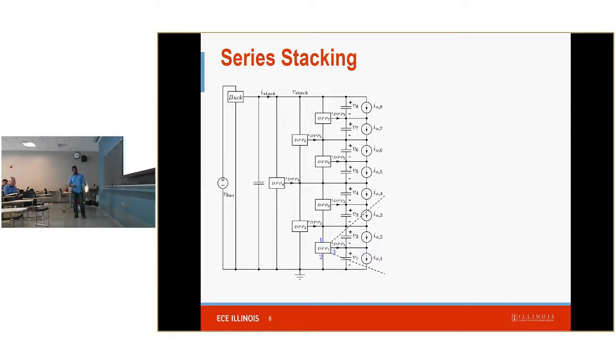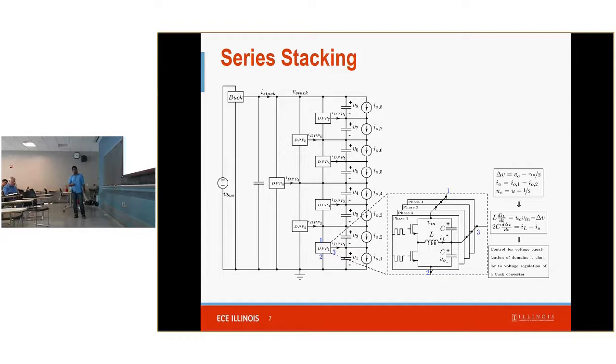Each of these DPP converters can be implemented as buck stages, or, if you like, they can be considered buck-boost or boost depending on how you're looking at it. But for control purposes, we can consider them as buck because the small signal model turns out to be exactly like the buck converter.